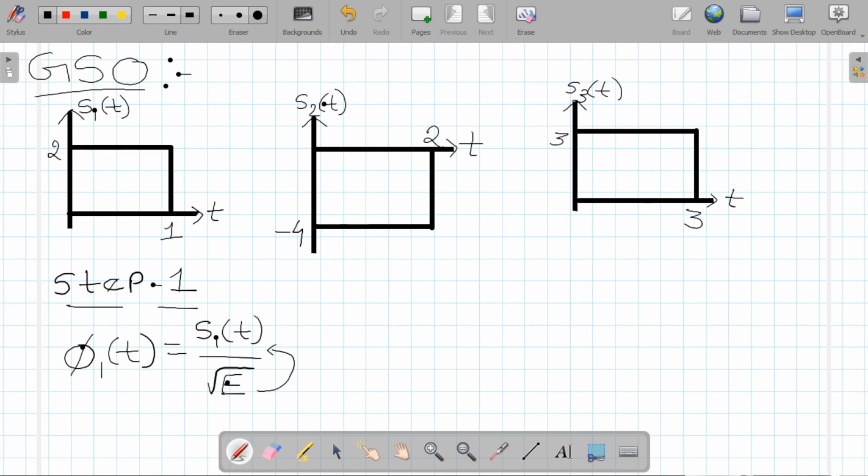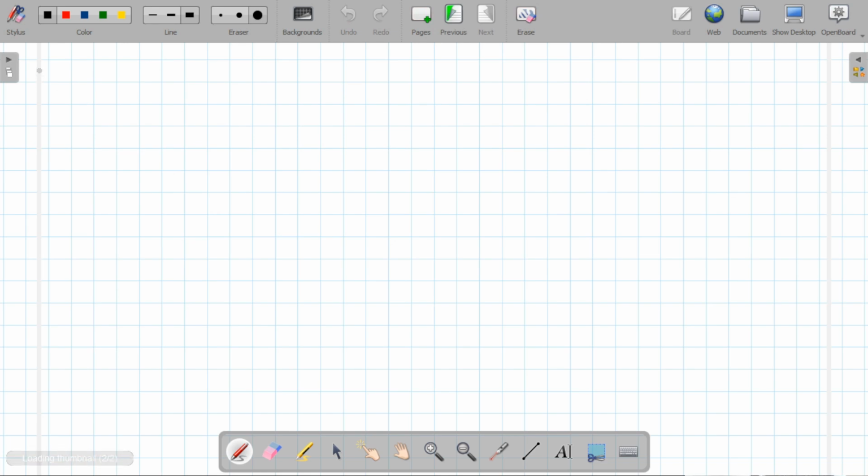We can clearly see S1 of t is here, so we will draw S1 of t on the next page. S1 of t clearly has amplitude 2 and time 1. We mention the axis t and S1.